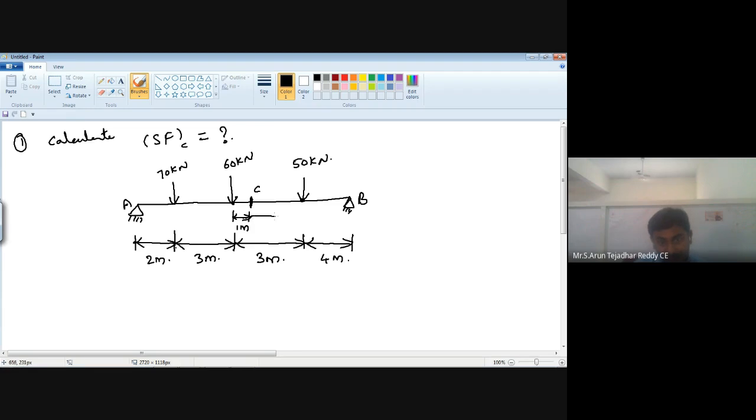Next, the remaining portion is 2 meter. See, the problem is very easy. Okay. See, what is our first step? Draw the ILD for shear force.